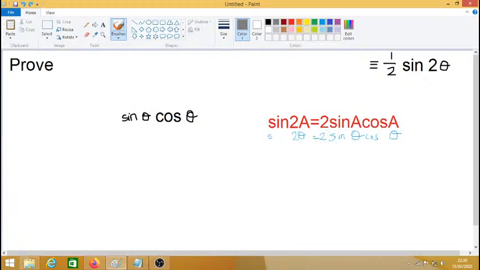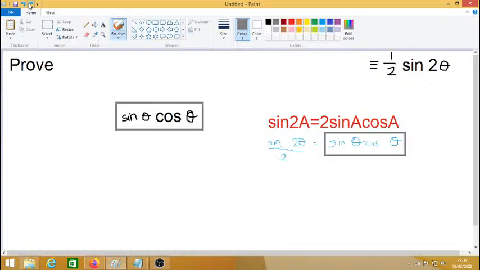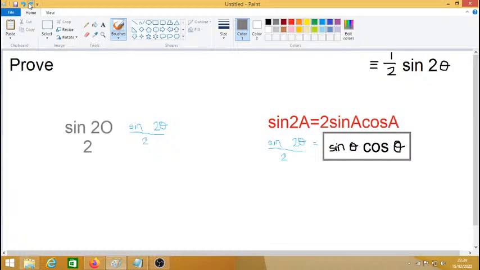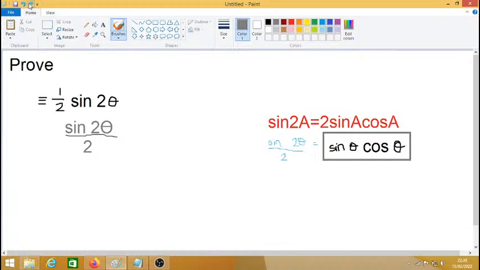So if you take this 2 here onto the other side, you'll end up with sine 2 theta over 2 equals sine theta cos theta. That's an exact match. So then we can swap the sine 2 theta over 2 for that. And then very close, compare it to what we needed to get. And we need to put a half at the front rather than as a divided 2.